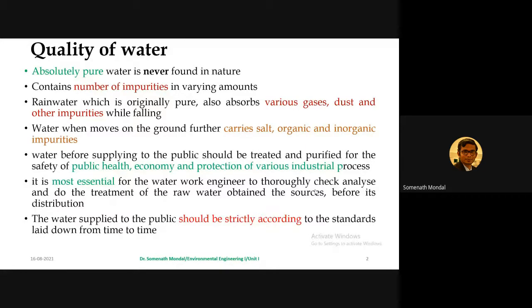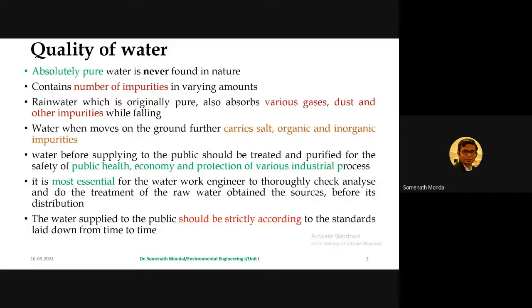So in the purest form we don't get it, fine. It would contain some amount of impurities, with varied concentrations, and that is the main reason for considering the quality aspect as a very important or integral part of water supply engineering.